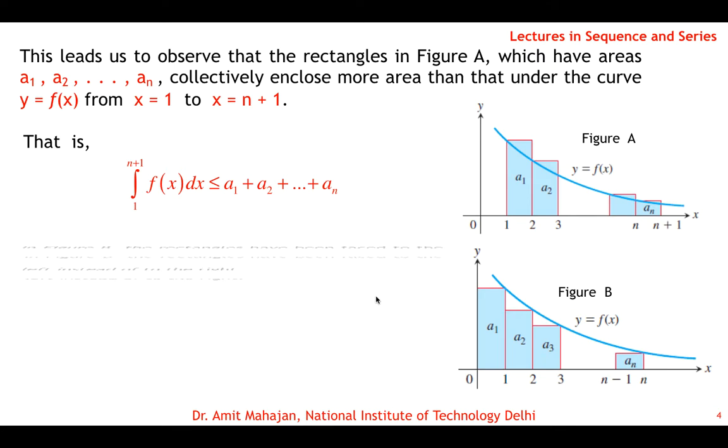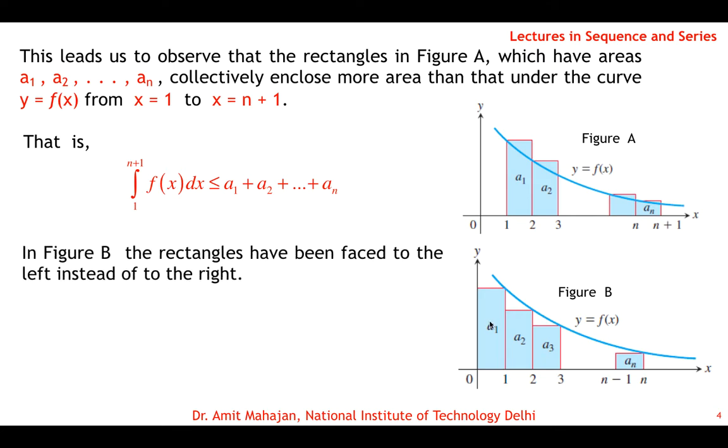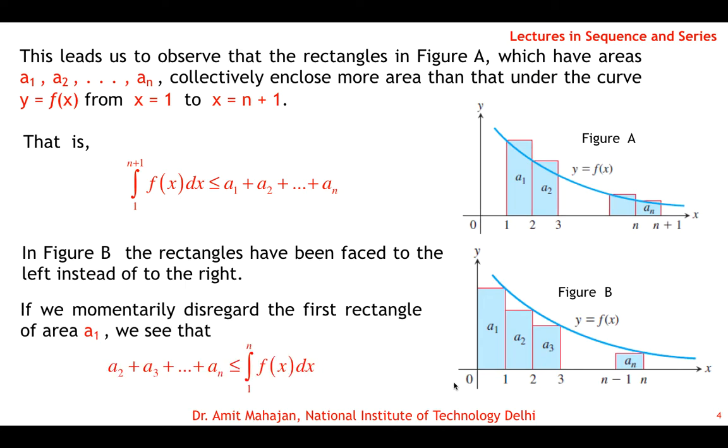So from the second figure, by not taking the a1 area into consideration, starting with this integer 1, we can easily see that the area of rectangles a2 plus a3 plus so on an is less than or equal to the area under the curve from point 1 to n. So the area under the curve from here up to here. And if I add a1 to both sides, because a1 is greater than or equal to 0, it will keep this inequality.